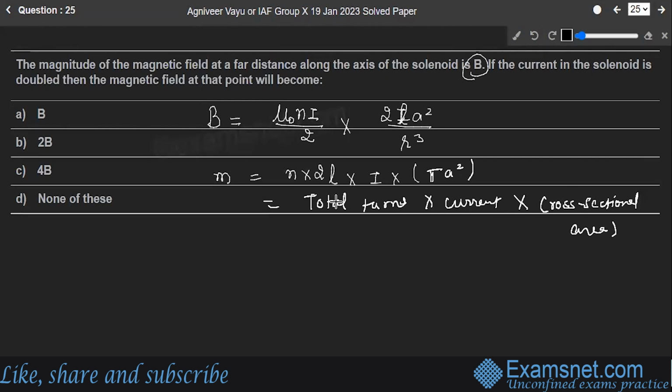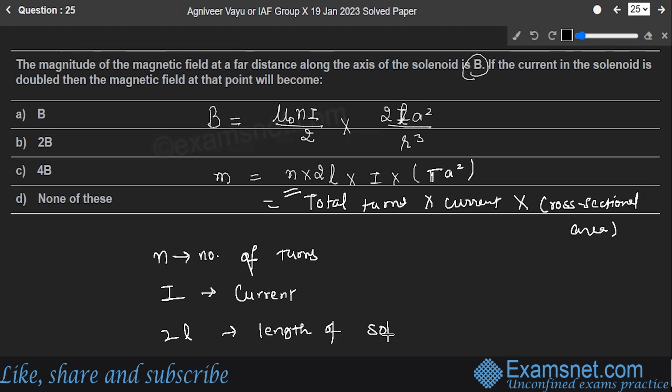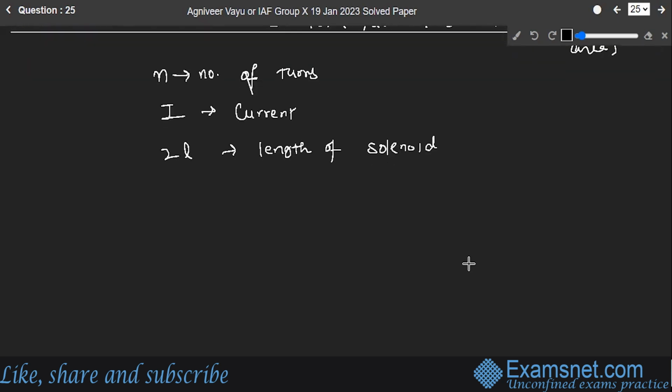So here, N is the number of turns and I is the current in the solenoid, and 2L is the length of the solenoid. A is the radius of the solenoid.